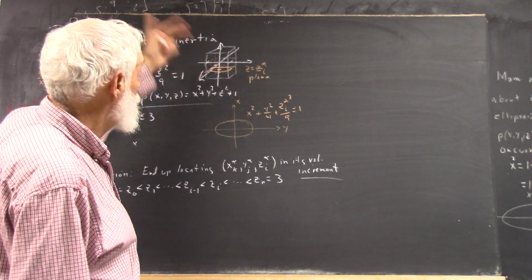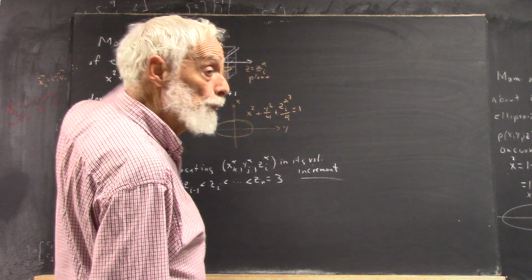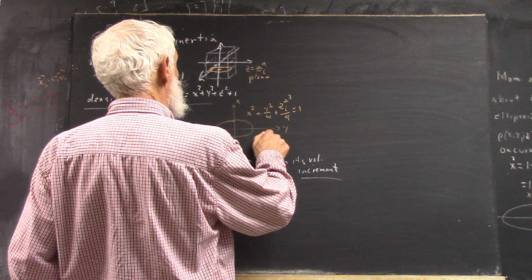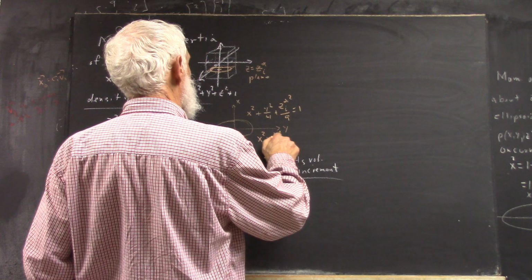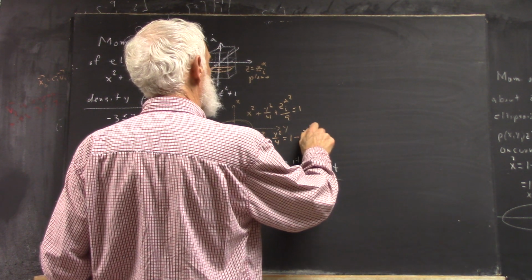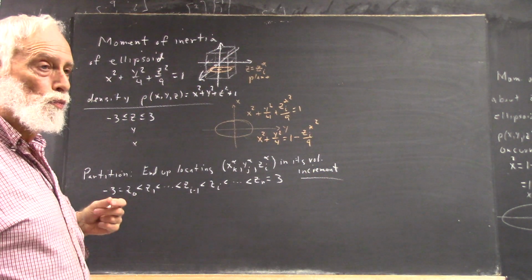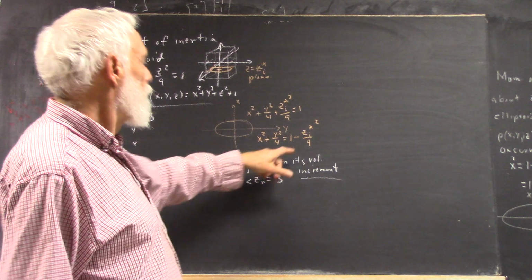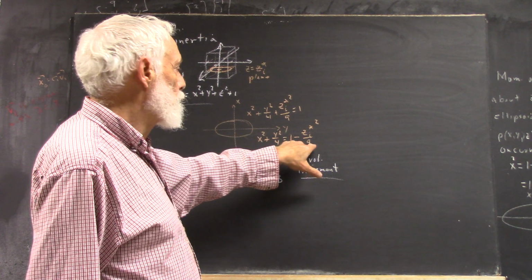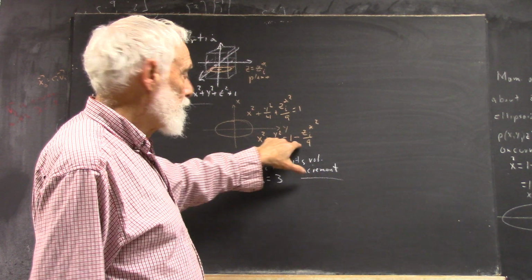It's just an arbitrary z coordinate between -3 and 3. So we have x squared plus y squared over 4 equals 1 minus z sub i star squared over 9. Okay? Well, this is less than 1. We would officially want to divide through everything by this quantity to get this equal to 1.